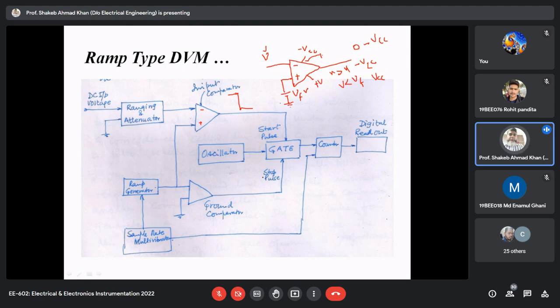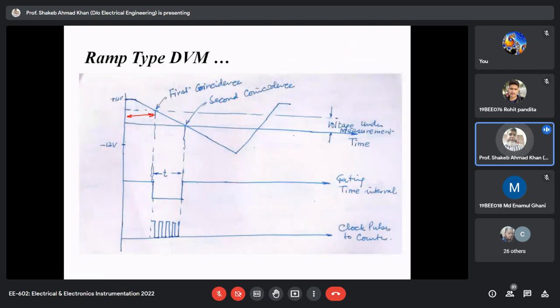At this point, this gate is sensitive to the negative edge, and it will be open, and it will remain open till your ramp voltage reaches the ground potential. This is your ground potential.